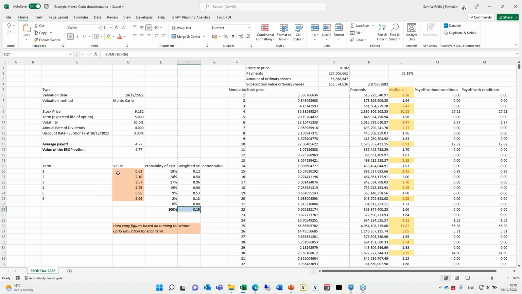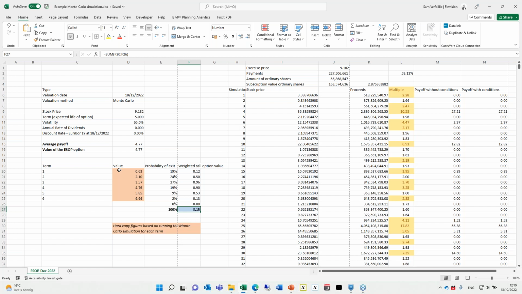But what is now the term? Because the number of shares that will vest not only depends on whether there's an exit, but also depends on what is the multiple upon the exit compared to the initial investment that has been done? And based on the multiple, that will trigger how many shares are vest.